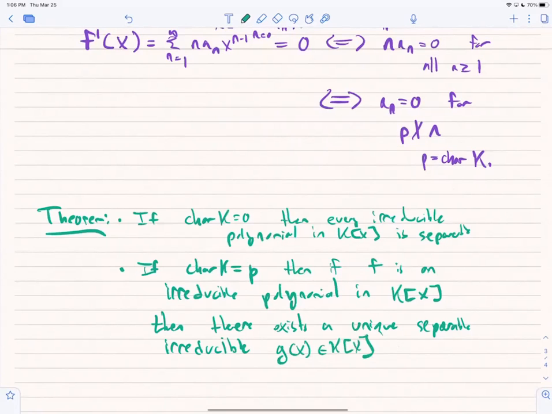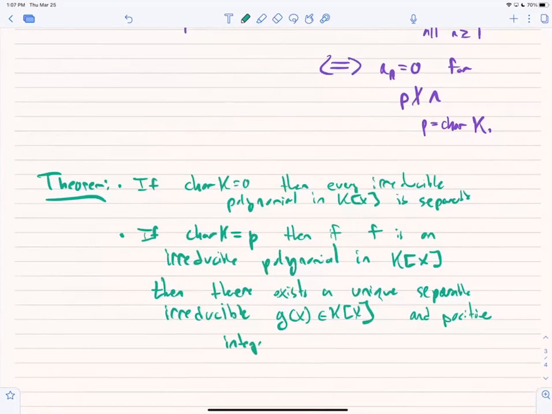There's some other separable polynomial g and some positive integer k such that f(x) is just obtained from the polynomial g by substituting x to the p to the k for your variable.